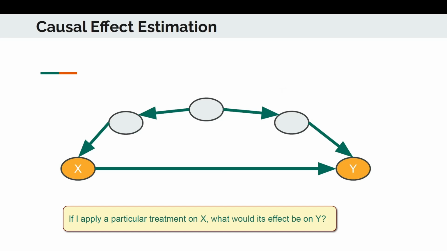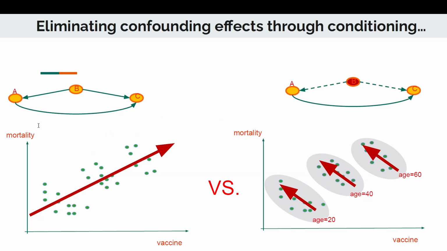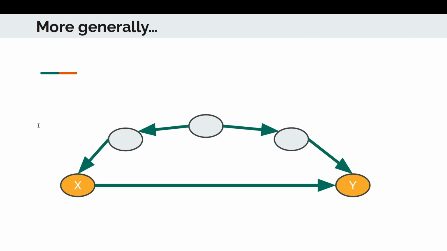For example, in this graph, if I apply a particular treatment on x, what will be its effect on y? How do you calculate this effect? So we have learned that conditioning can help us to remove the confounding effects, which we can actually put to use here. So given this causal graph, we can select a common node as backdoor, which is also the confounder on two variables.